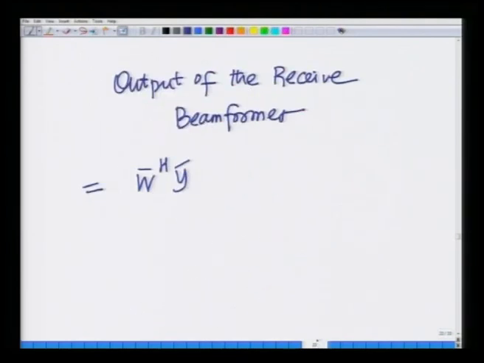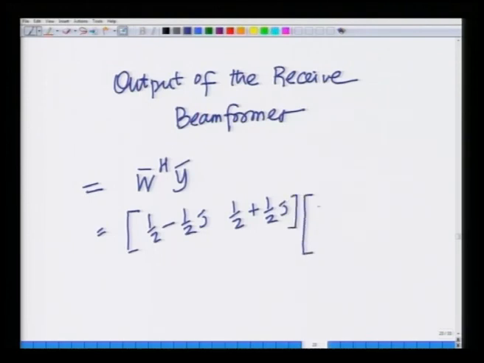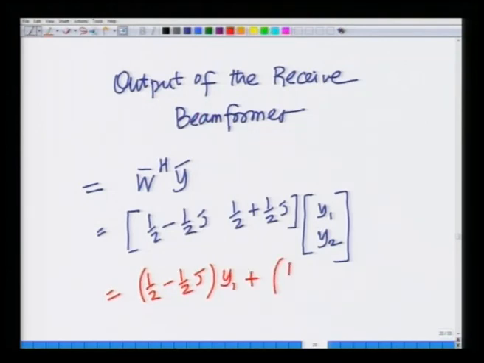So, if I take the transpose and conjugate, this is simply half minus half j. I am taking transpose and then conjugate. The other element is now half plus half j times y bar, which is y 1 y 2, and this I can write equivalently as half minus half j times y 1 plus half plus half j times y 2.